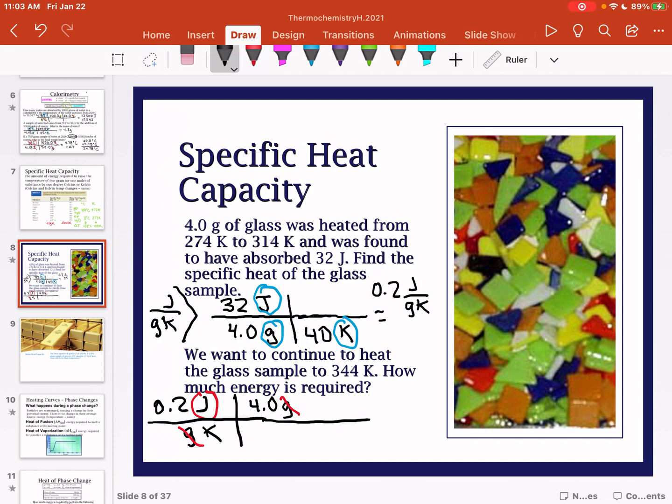And it was at 314 now, and I want to continue heating it up to 344 from 314. So I can see that the difference there is going to be 30 Kelvin degrees, or 30 Kelvin. And that's going to cancel my Kelvin. So I go ahead and push buttons there, and I end up with about 24 joules of heat required to make that temperature change.